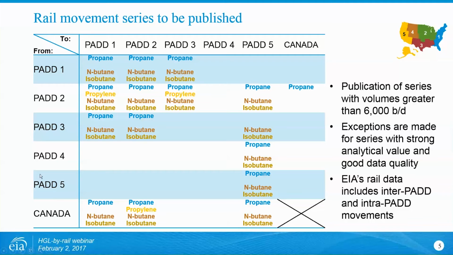So if it's coming from Canada and going to PADD 5, you will see PADD 5 across the top there, where Arup has the cursor. So you're seeing propane, normal butane, and isobutane that are being moved from Canada to PADD 5, because there was a question about that. So it's in there.